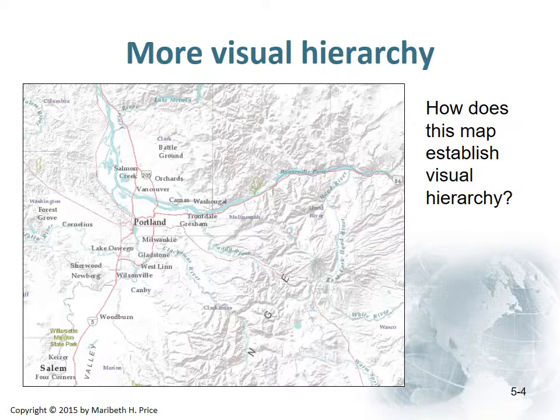and then we see the background, which is the landscape itself, which is kind of washed out, but we see indications of terrain. Okay, so this map is achieving that visual hierarchy.